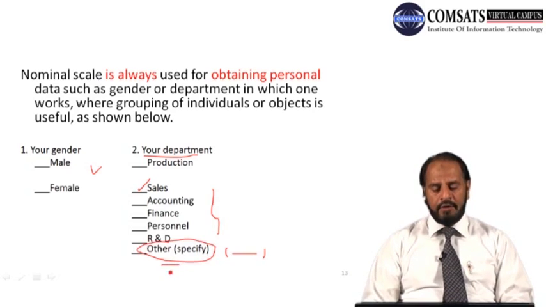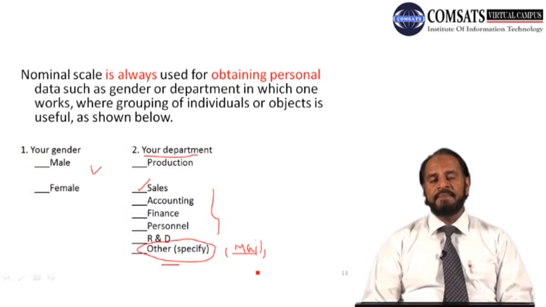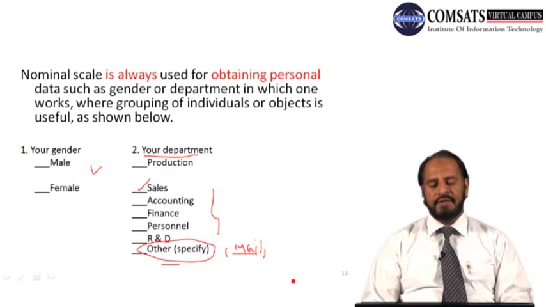Later on, if the user specifies that department as, let's say, the mailing department, while doing the analysis you could say this is option A, option B, option C, D, E, F, and then you have another option G.